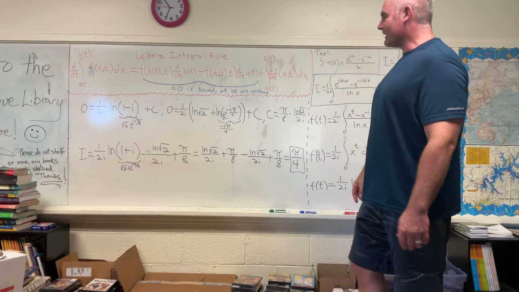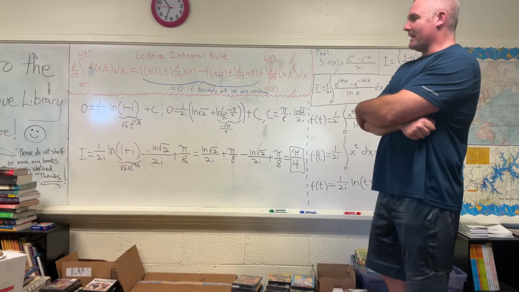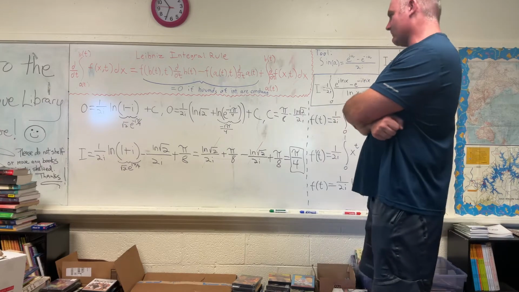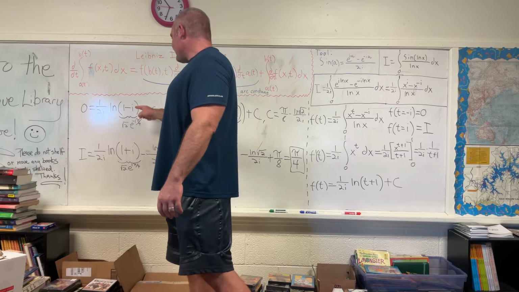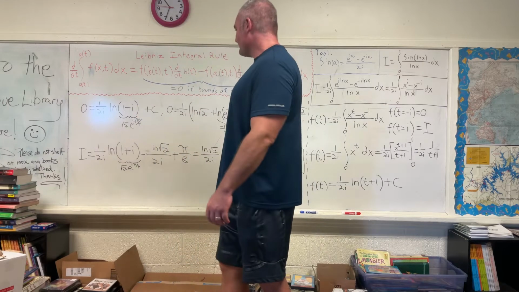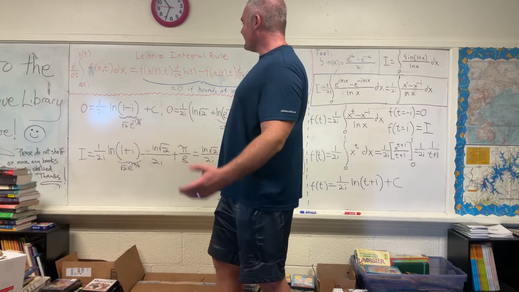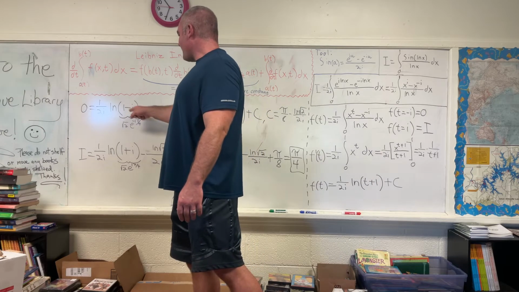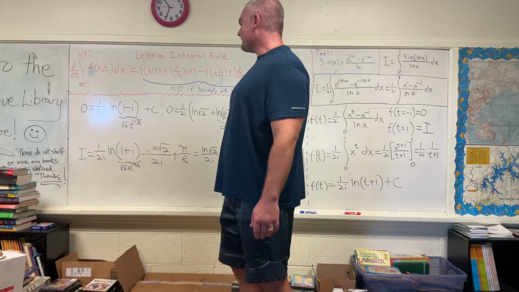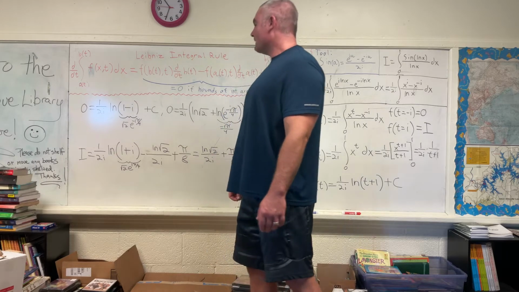And I want to make a quick note on a little mistake I made when I first evaluated this integral. I was doing it really fast, and I incorrectly wrote that 1 minus I is equal to e to the negative I pi over 4.